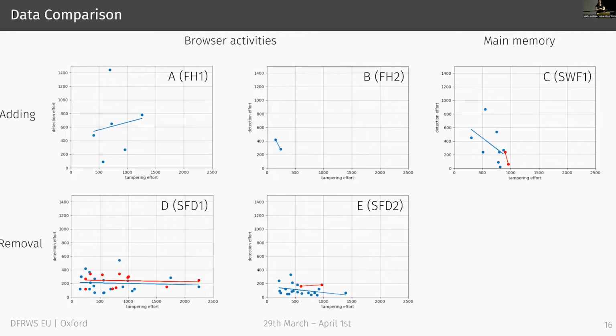But interestingly, we see an opposite trend in another experiment where they had to add main memory evidence. We can also see that we cannot really evaluate this experiment and that we cannot see any trend in these experiments. And the two bottom experiments are the ones that failed. You can also see that the number of correctly classified images is much higher than the number of incorrectly classified images. And yeah.